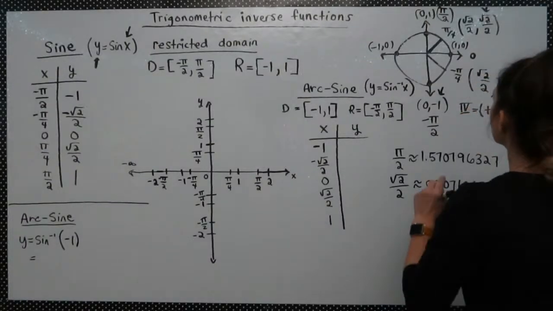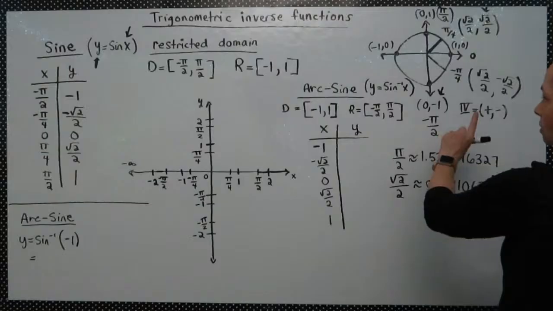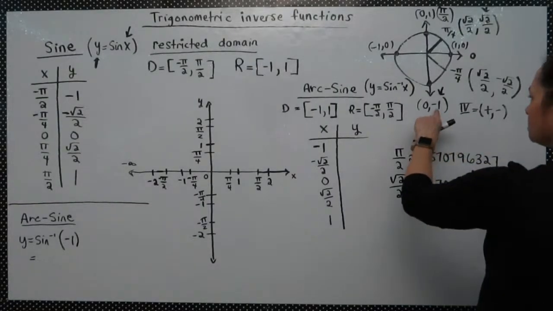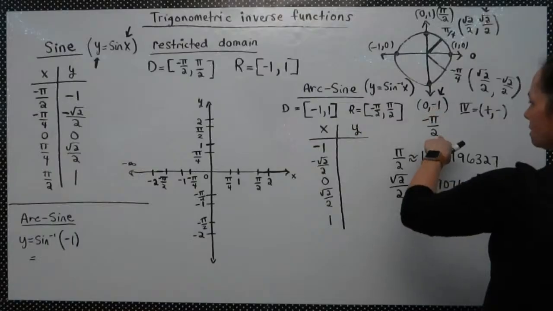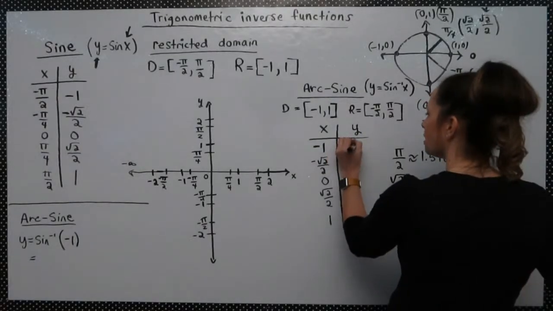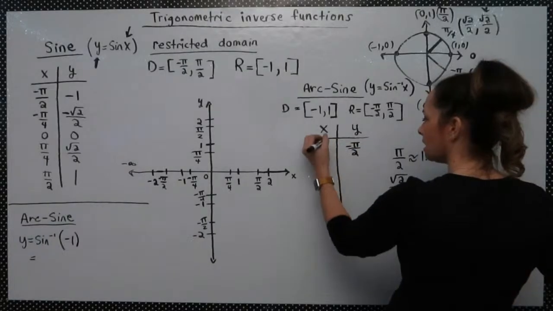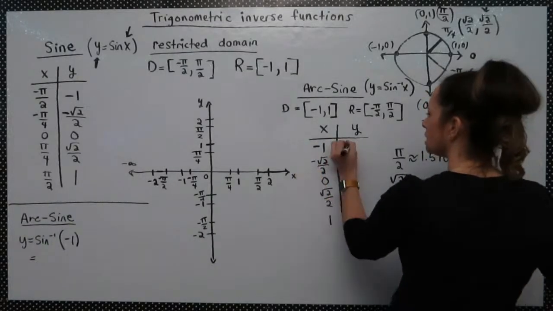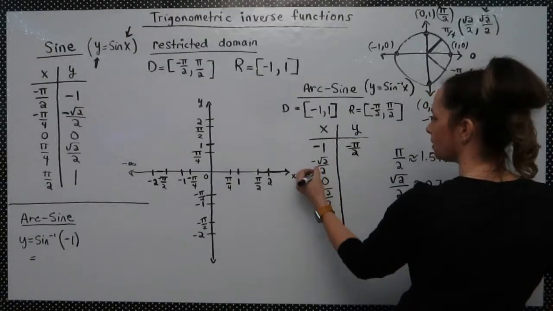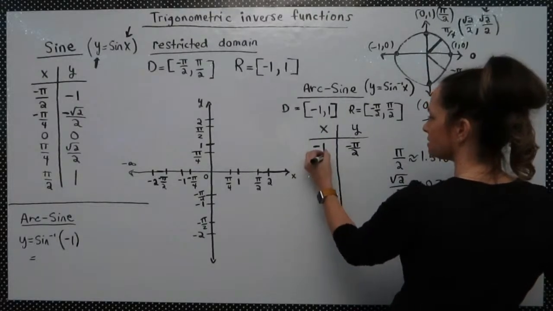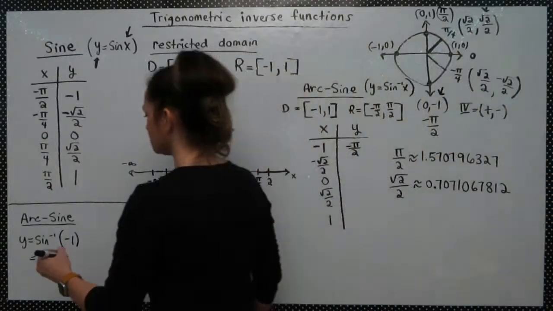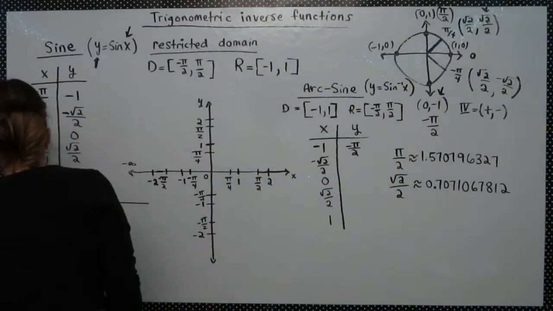So we're looking over here: when is the sine equal to -1? It's at -π/2. So the answer is -π/2.